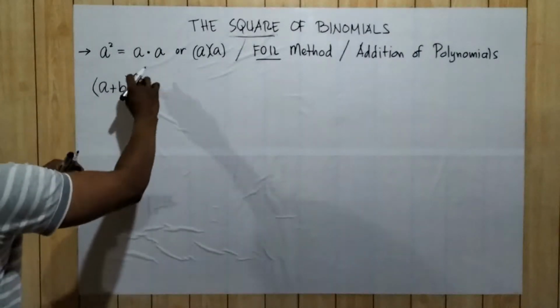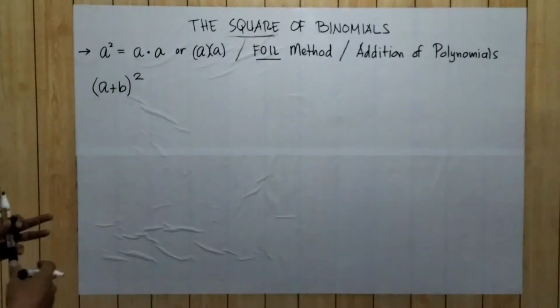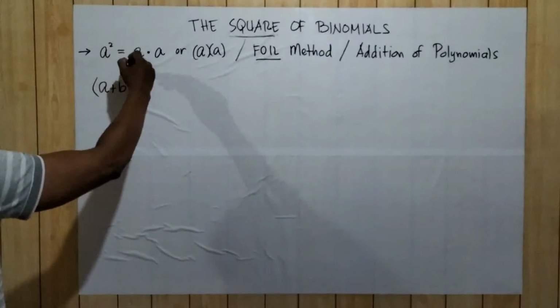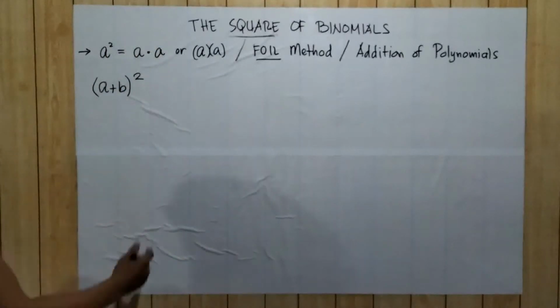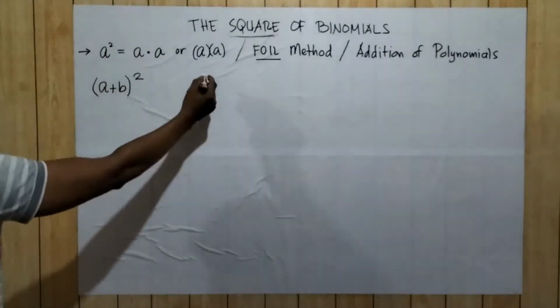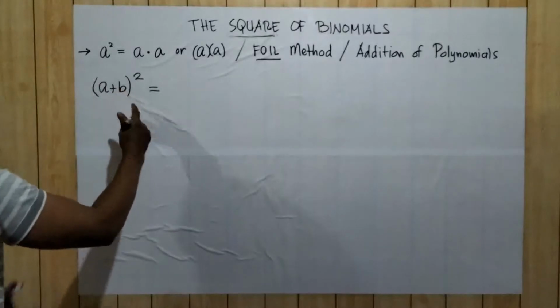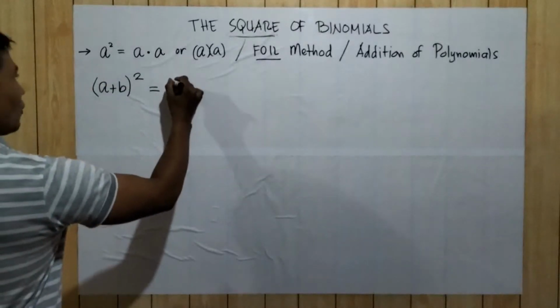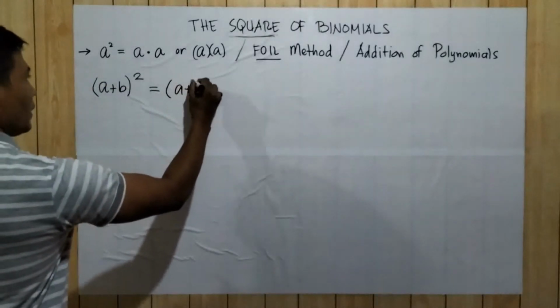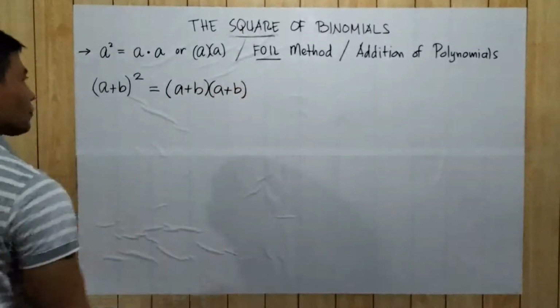So, paano po natin ipuproceed galing dito? Applying the law of exponent, gagawa po tayo ng analogy. Since a squared is equal to a times a, it follows that a plus b squared is also equal to a plus b times a plus b.